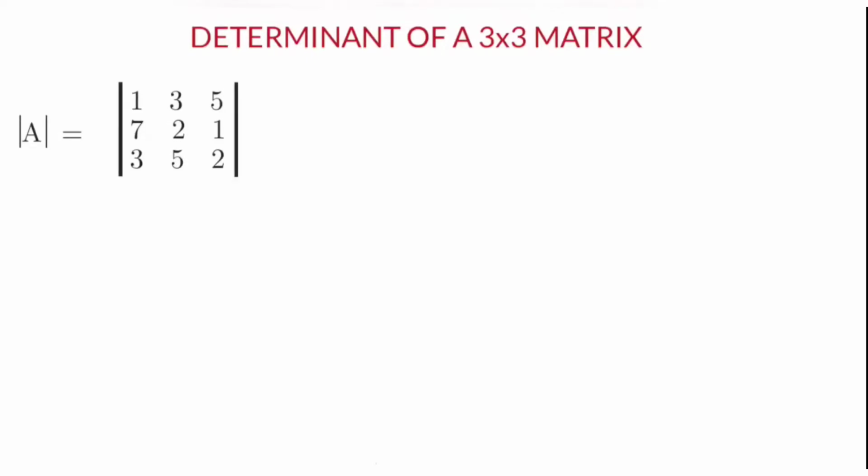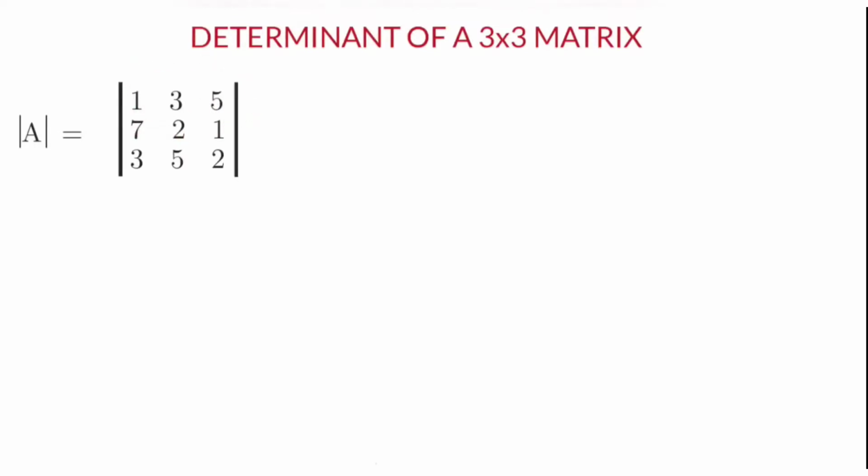So we need to break up this determinant into determinants of order 2 by 2, and from that we can calculate the determinant of this matrix. Now, how can we do that? We can do that using any of these rows or columns. So let's start with this first row of this determinant.